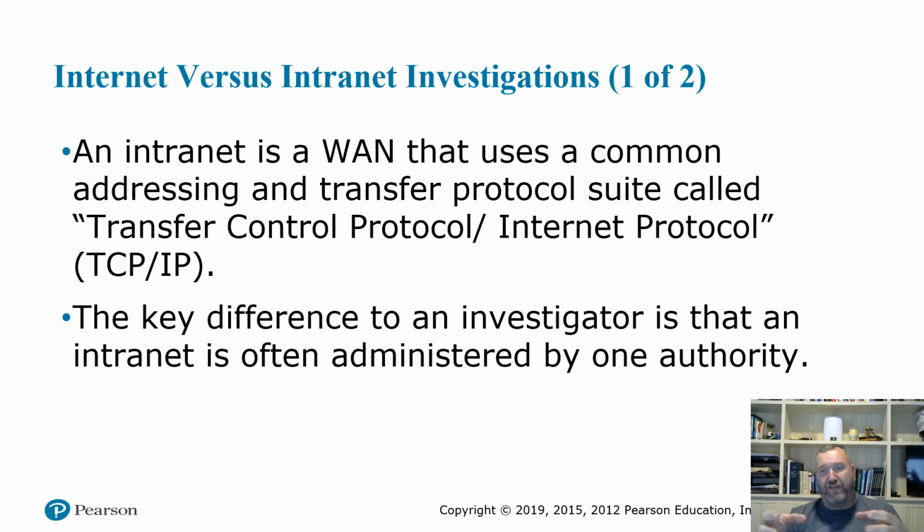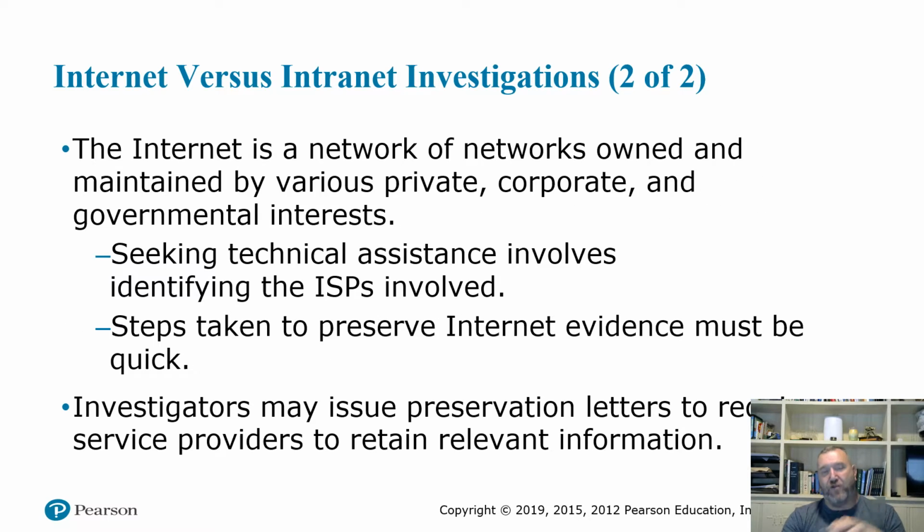You can investigate the nodes within your control, but you don't have access to work on the other potentially 252 devices that could be on that Class C network. So you've got to be very careful that you are legally able to investigate this intranet. Make sure you have very clear guidance from your company on what they want.